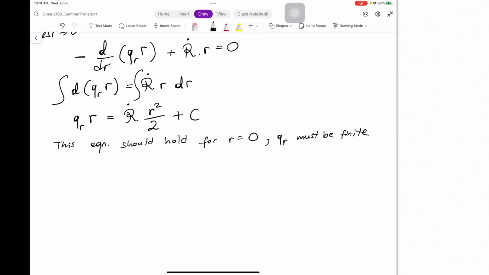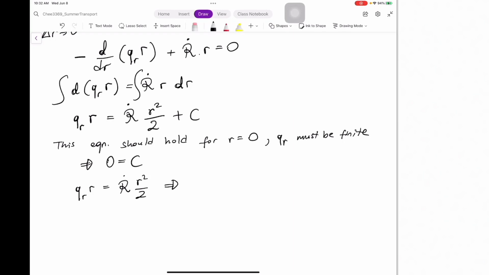We're going to see later that it's basically 0, but it doesn't matter at this point. If you plug in, you're going to see that this argument gives you 0 is equal to C. So C is 0. And then the QR comes out to be fancy R squared over 2.